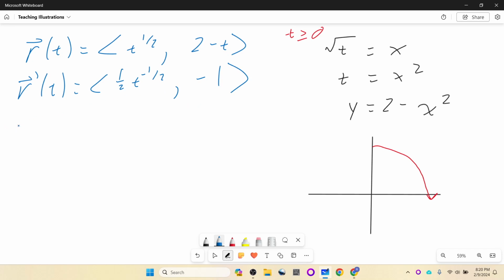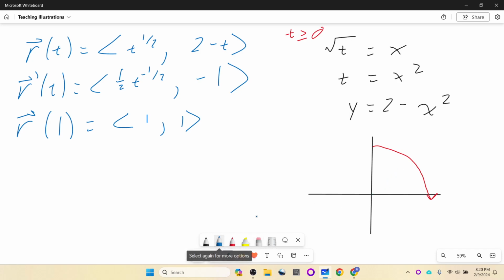Now we're asked at t equals 1, so it says position and velocity vector. So r of 1 would be, plug in here, 1 squared, 1 to the 1/2, and 2 minus 1. So 1, 1.